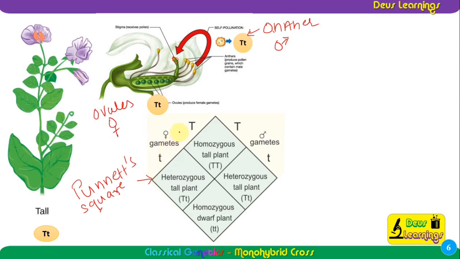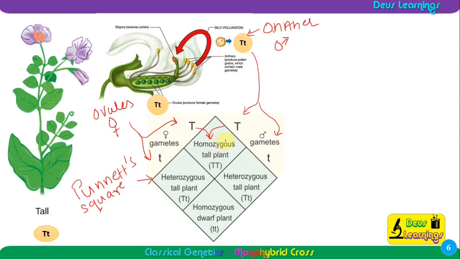Okay. So from the anther, two alleles, and from the ovule again two alleles, and it's a random mixing. Let's see if these two alleles get mixed up, then we get capital T, capital T. That means it's a homozygous dominant condition.